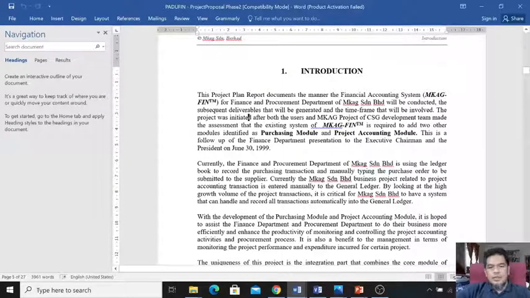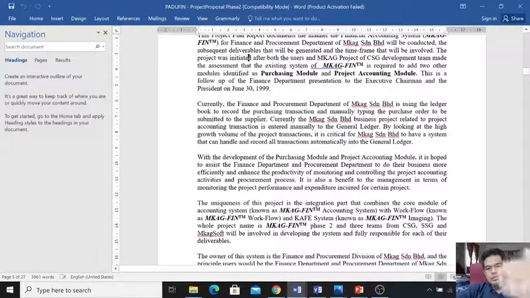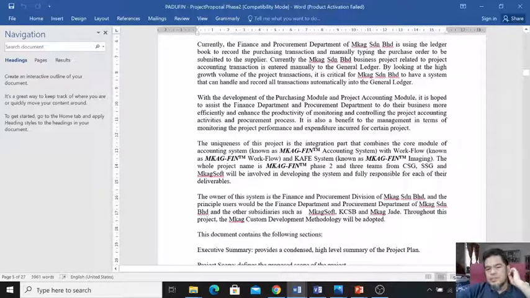When you read this introduction, it brings the reader along: this is the proposed system, this is the current situation, and this is the benefit they have. And this is the uniqueness of the proposed system, which may help the company to boost customers and improve the efficiency of the working style and so on.